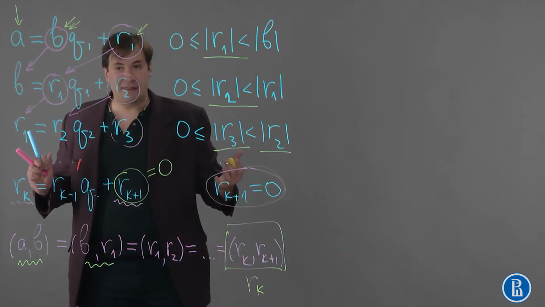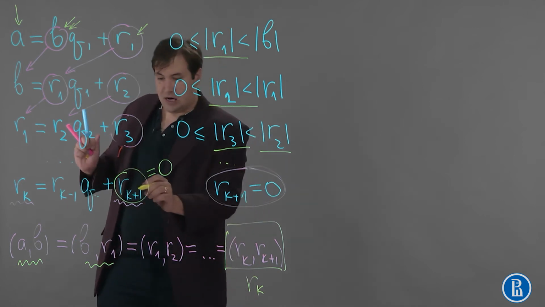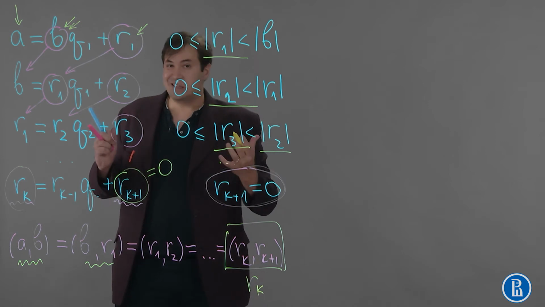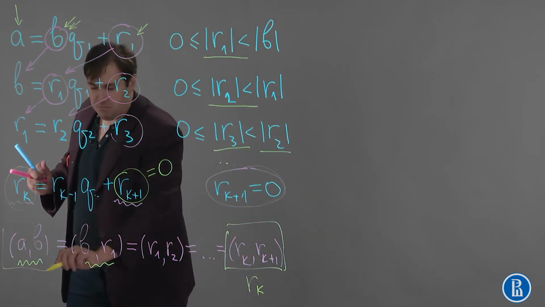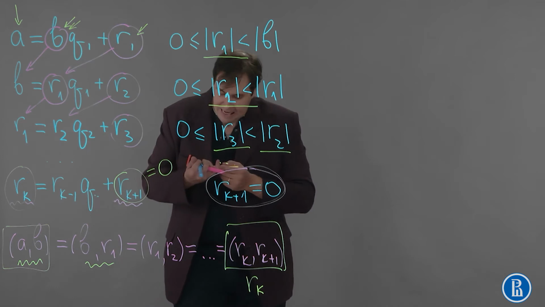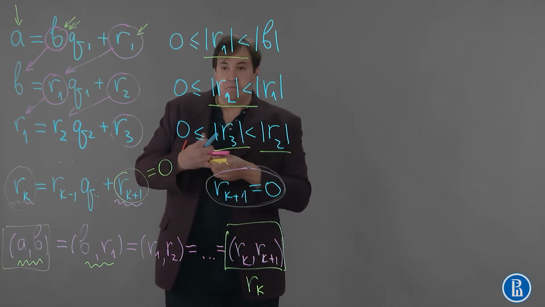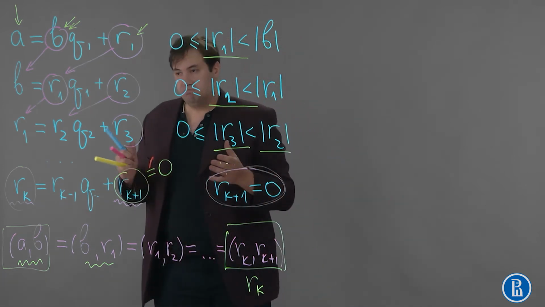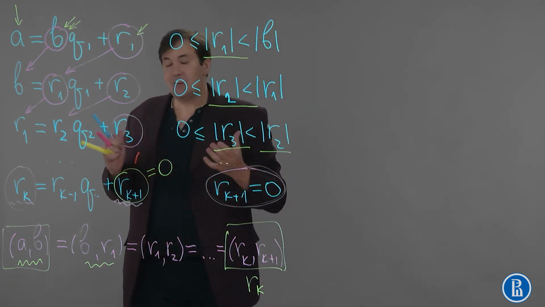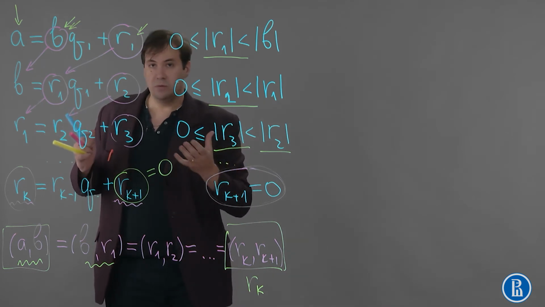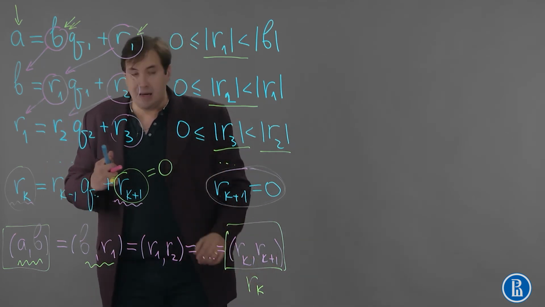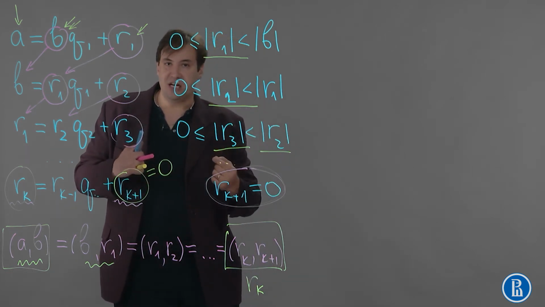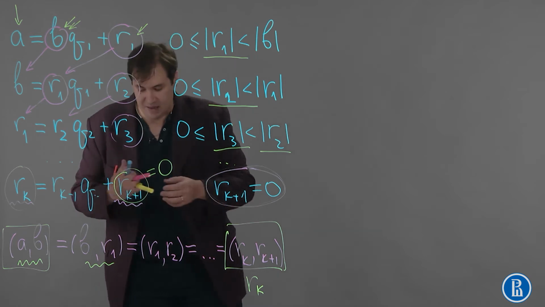So finally we get that Rk, our last non-zero remainder, is actually the greatest common divisor of A and B. This way, the Euclidean algorithm helps us calculate the greatest common divisor of two elements A and B. But it also helps us gain the linear representation of this greatest common divisor.